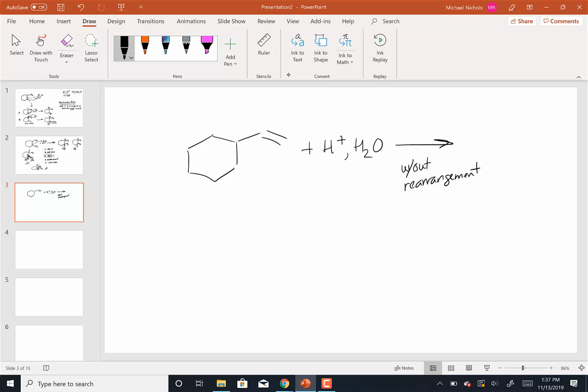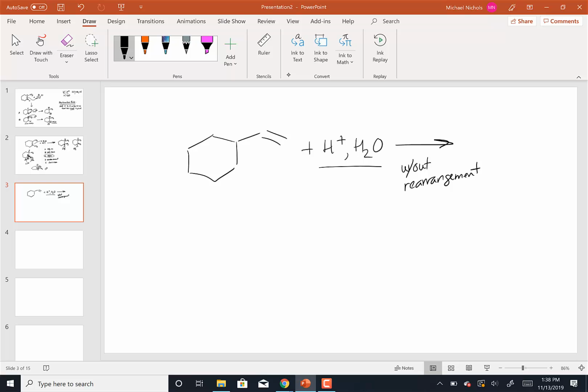And the other thing you're going to have to do is not only write the products of the reaction, but also write the mechanisms. So if you can write the products, we can always work backwards to the mechanisms. Let me show you how to do that in this one.